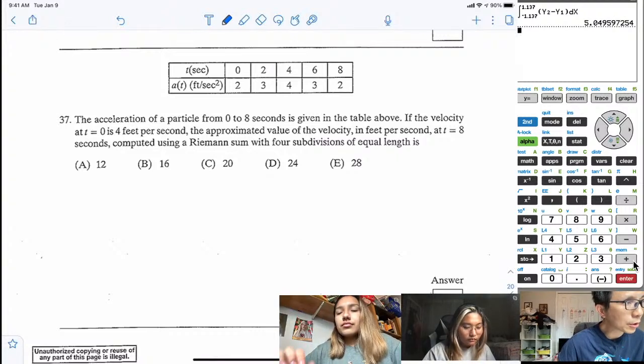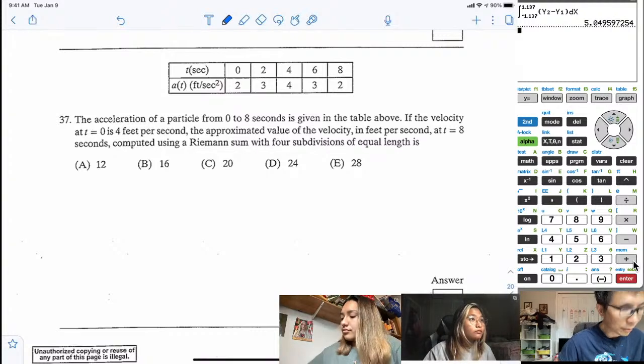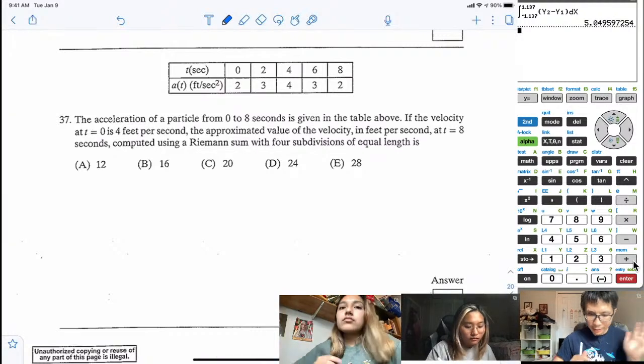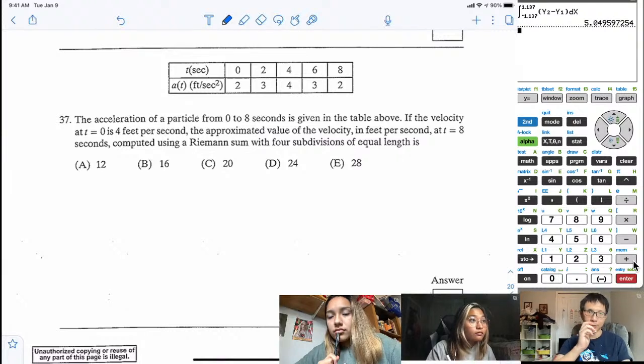Okay, so next question. Now, the next question is not a fair question. The reason why I don't think it's fair, there are two things I would like to talk about with this question. So let's go back and look at what's worth annotating.